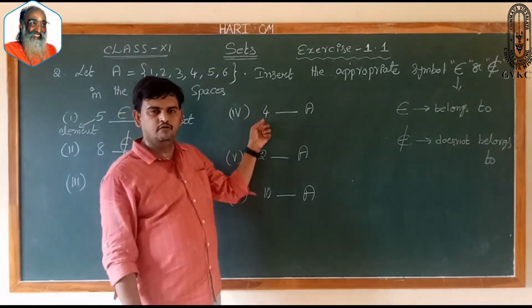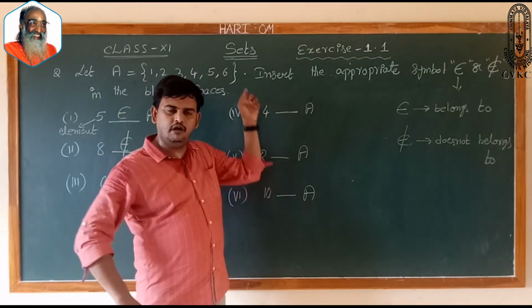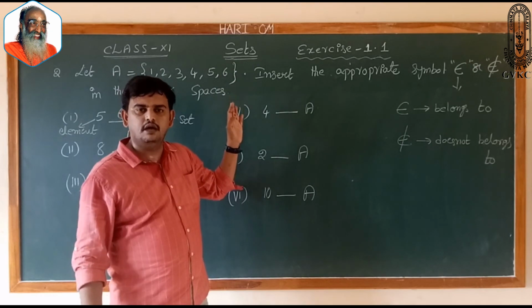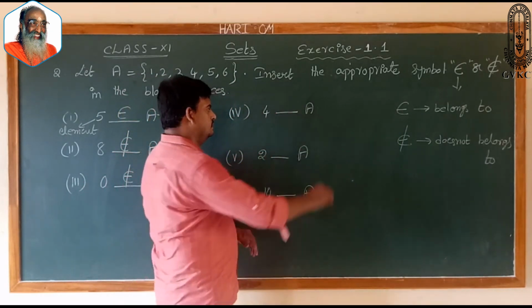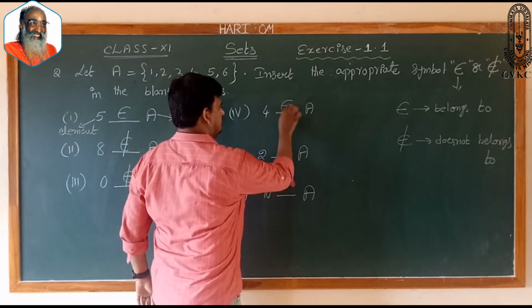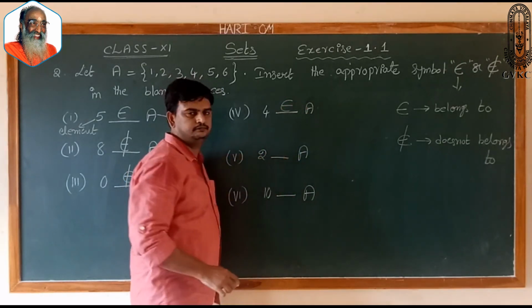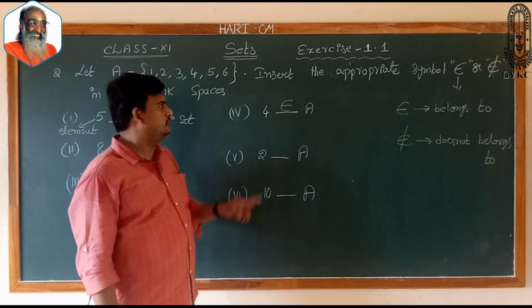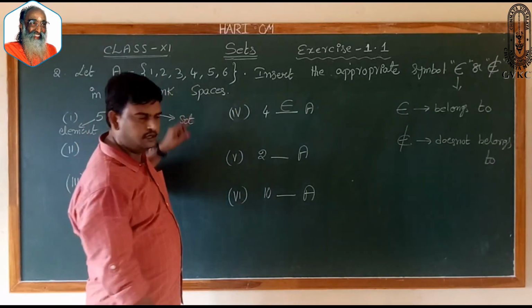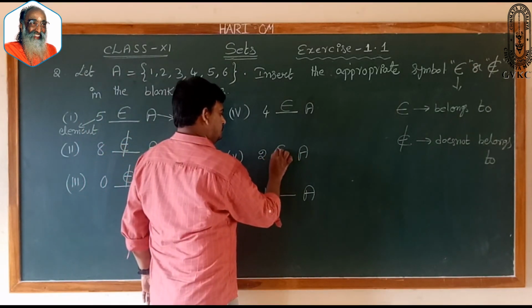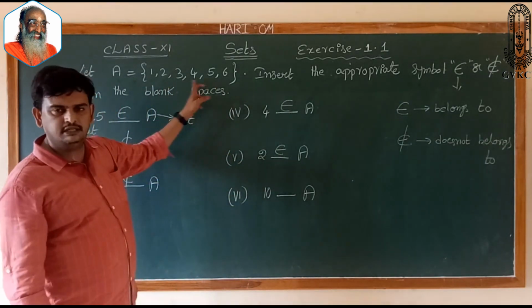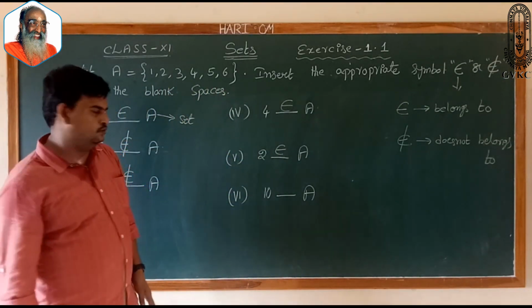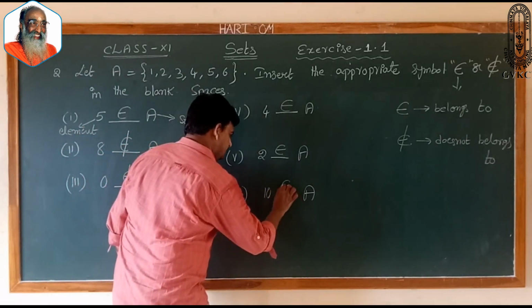Now 4 and A. Do you have 4 in the set A? Yes, we have 4 in set A. So I can write here 4 belongs to. Now 2 and A. Do you have 2 here? Yes, we have. So 2 belongs to. 10. Do you have 10 in this set A? No. So what do we write?